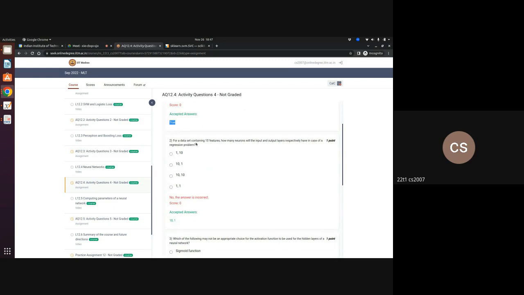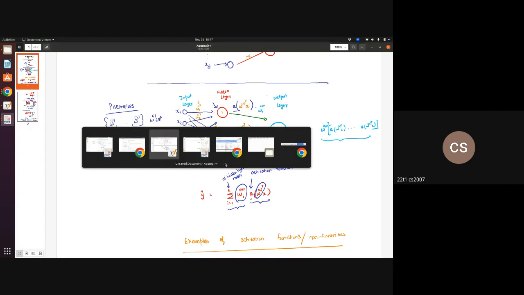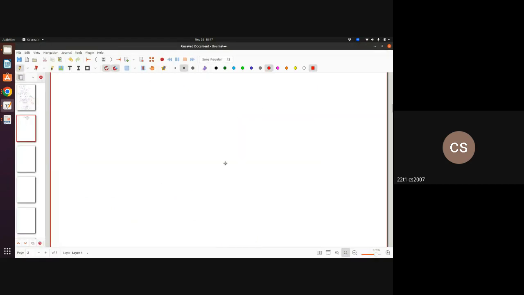Okay, for a data set containing 10 features, how many neurons will the input and output layers respectively have in case of a regression problem? So in neural network, the number of neurons in the input layer, let me call them F1, F2, so as to not confuse you with X1 and X2, because we've been using X1, X2 for the data points.